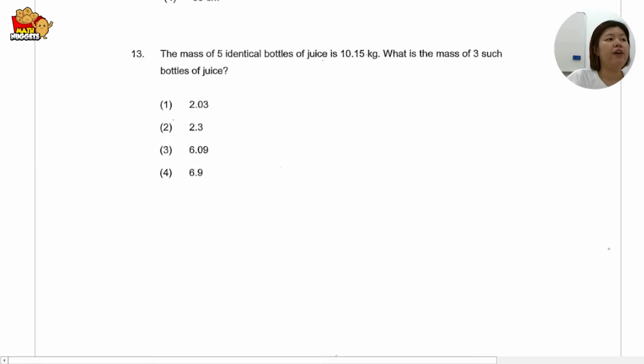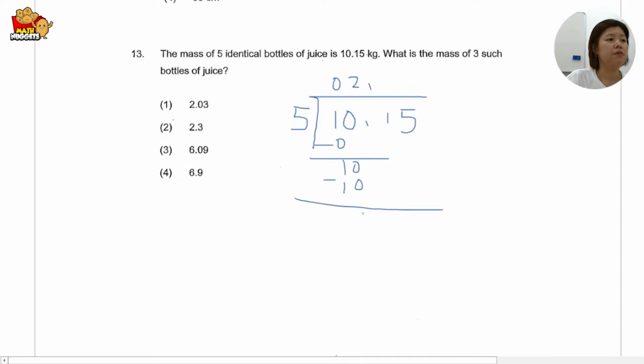Next, the mass of 5 bottles of juice is 10.15. We are supposed to find 3 bottles. Before we can find 3 bottles, we need to find 1. So we can take 10.15, we divide it by 5. So you carry down. This is 0, and I carry my 5.